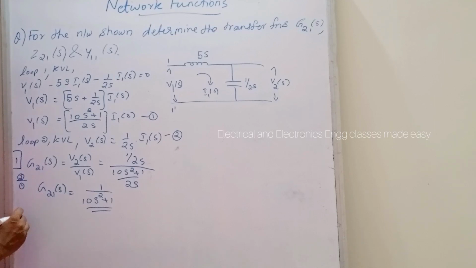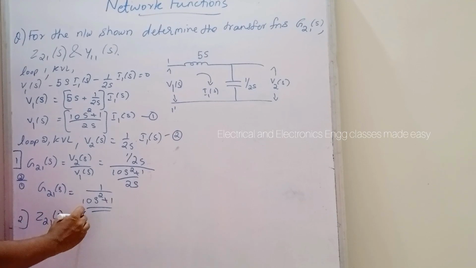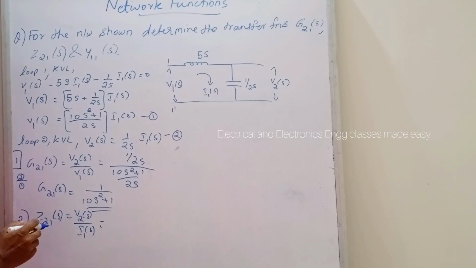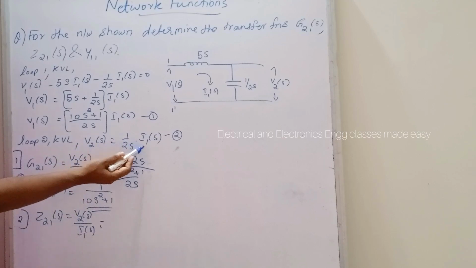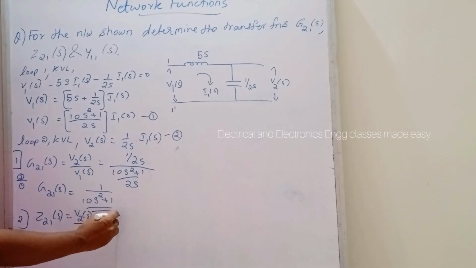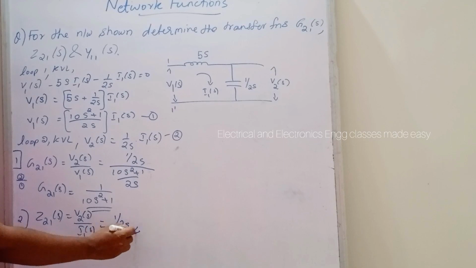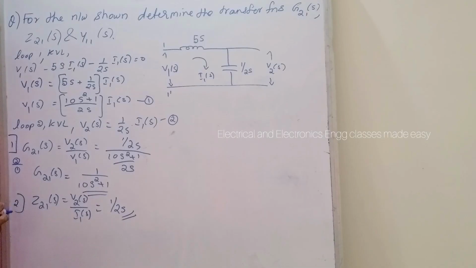Now we can find the value of Z21 of S. Z21 of S is equal to V2 of S divided by I1 of S. So from the second equation we have V2 of S divided by I1 of S is equal to 1 divided by 2S. Then what is Y11 of S?